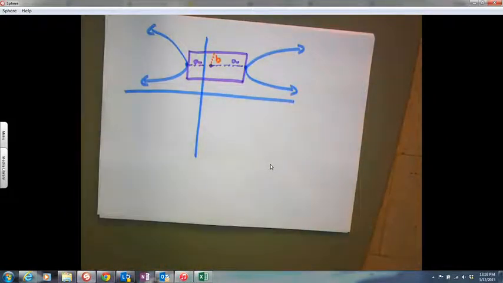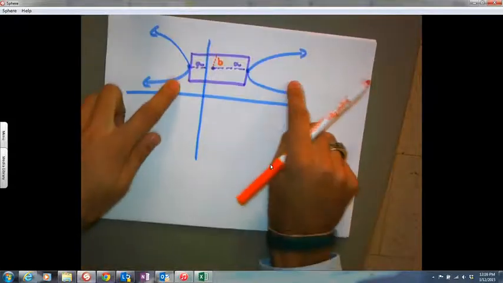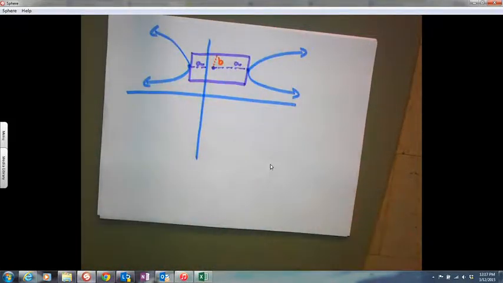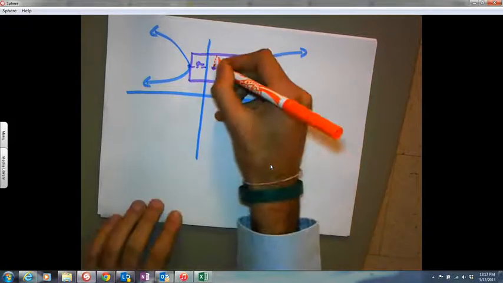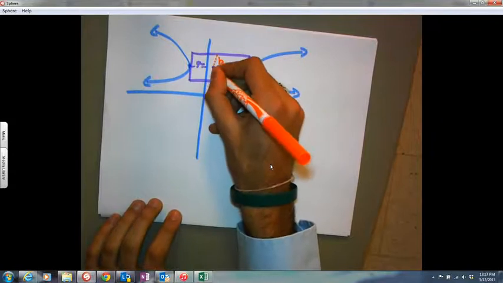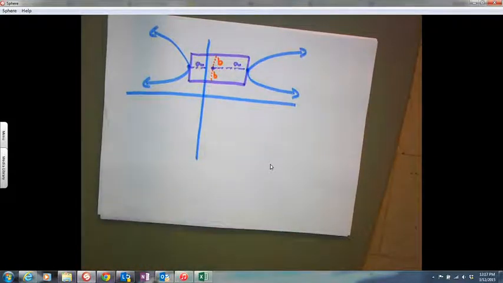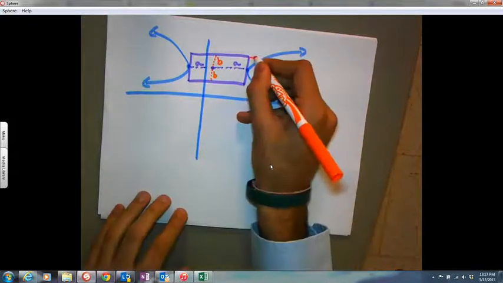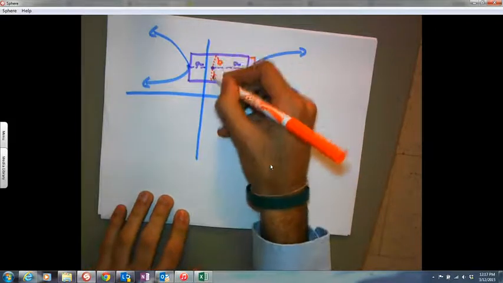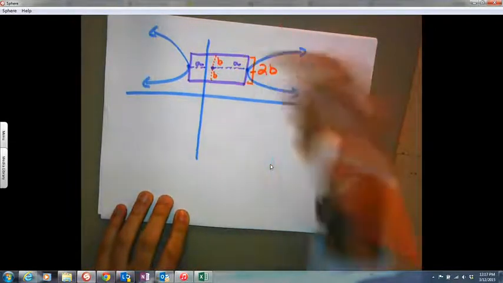The picture is these two blue pieces. The box is just drawn because it will help us with the asymptotes, which I'm going to talk about in a second. Anyhow, this is b, the distance from the center to the top of the box. This is also b. So this length right here will be 2b. Half b, half b, if you add them up, we get 2b. We call this the conjugate axis.